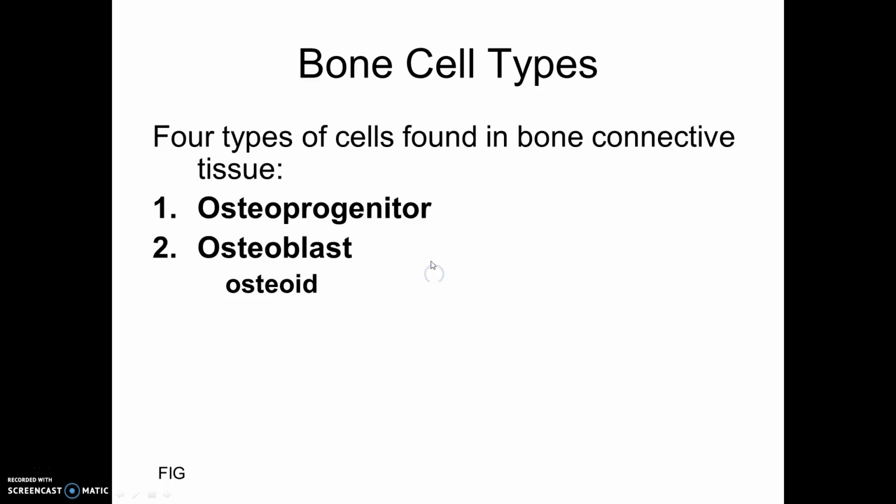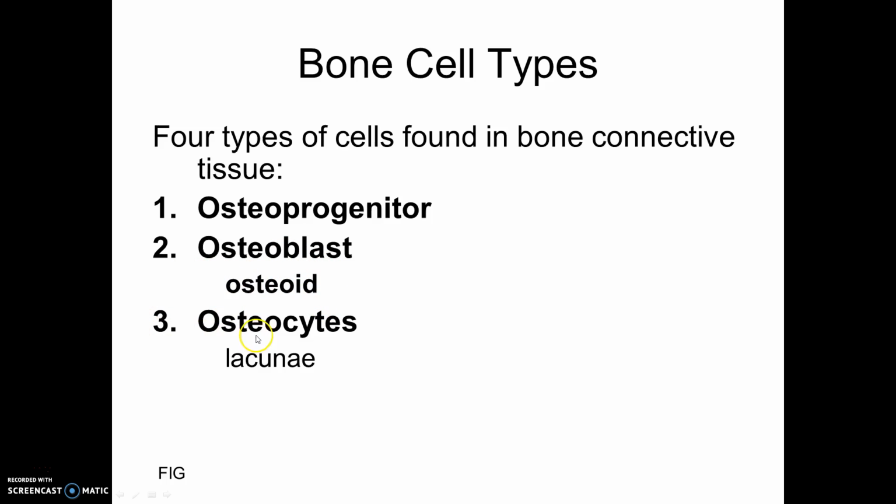So the osteoprogenitor cells, or the stem cells of bone, the osteoblasts produce the extracellular matrix, which we specifically refer to as osteoid, as opposed to when that extracellular matrix becomes calcified, or undergoes calcification by calcium and phosphorus salts.